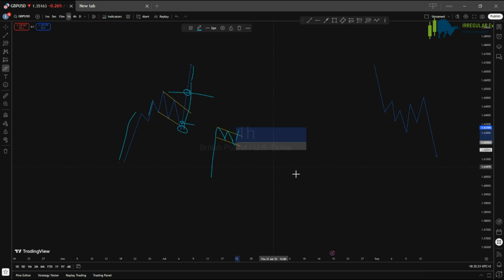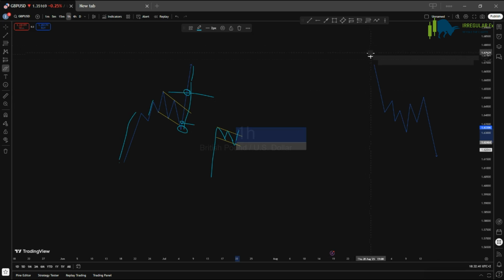Then for the bearish continuation, it's just an inverse of the bullish continuation. So the same thing but in an opposite way.